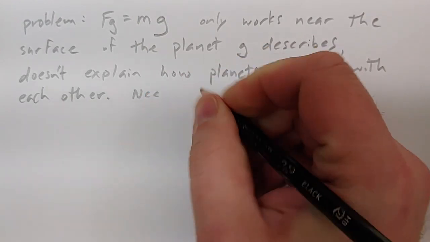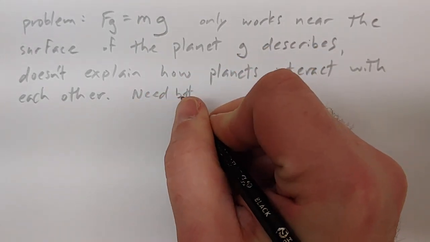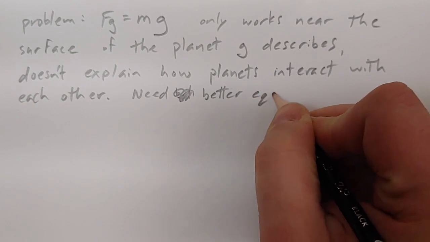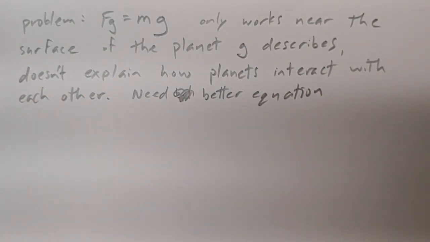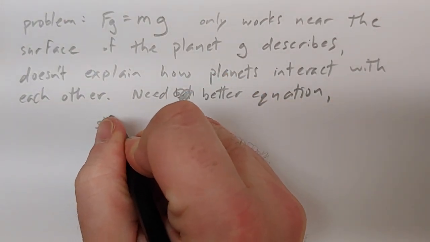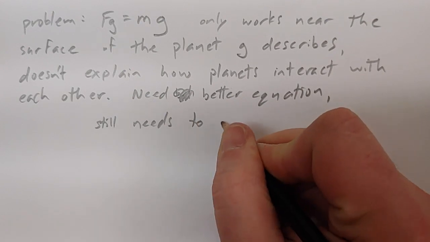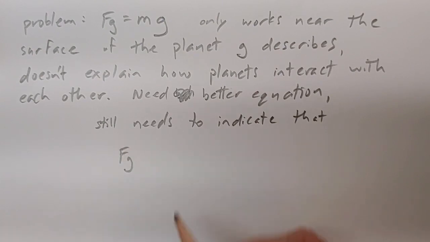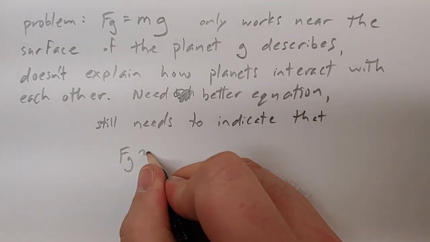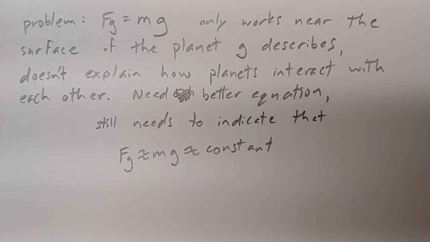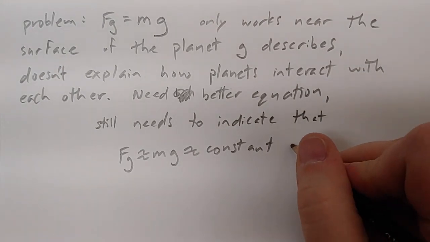So we need a better equation, but that equation still needs to return the result that this one gives us, which is that the force of gravity is approximately equal to m times g and is approximately constant near the surface of a planet, or near the surface of the Earth.